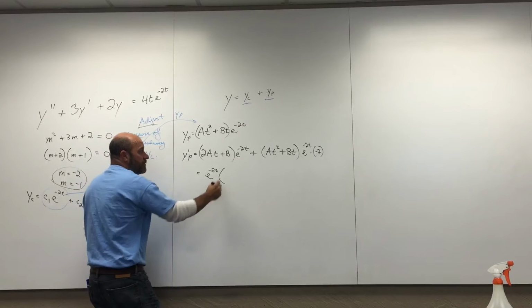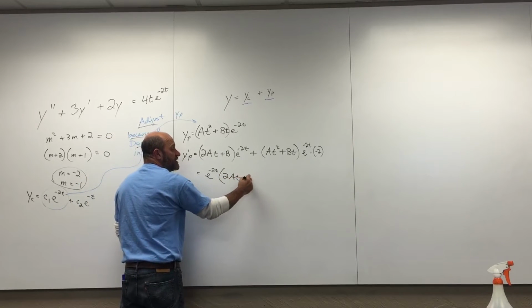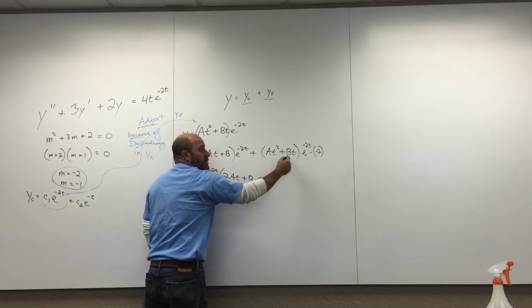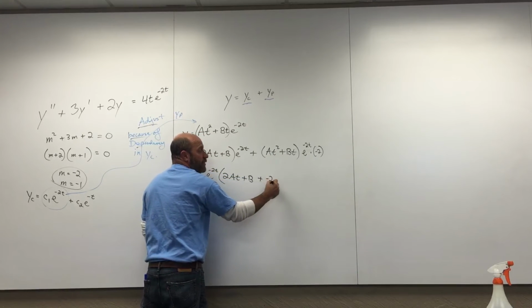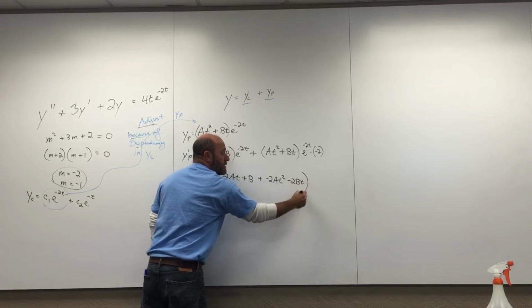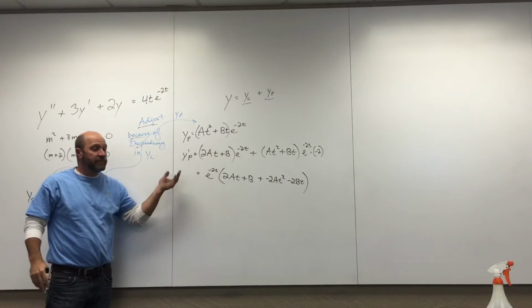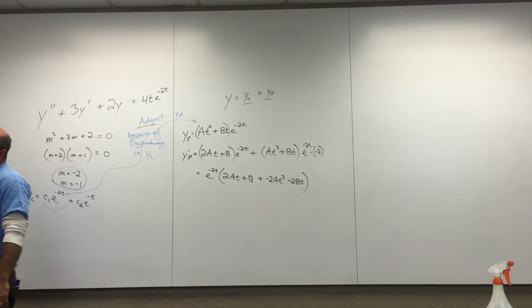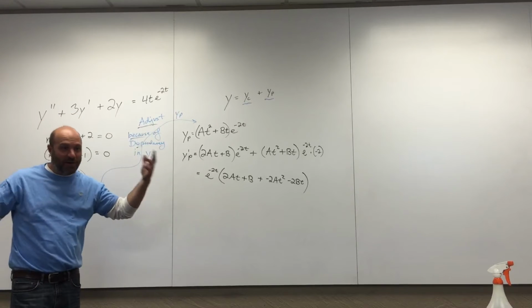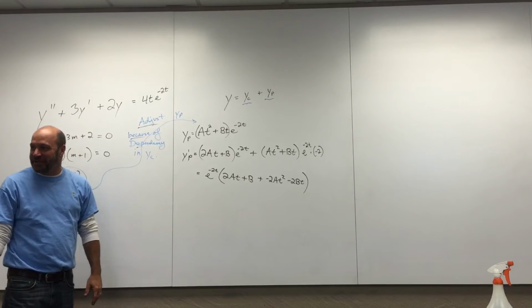You'd be left with 2at plus b plus, if you don't mind, I'm going to take the negative 2 and distribute through here: negative 2at squared, negative 2bt. You see what I did? I factored the e out, and that's what's left. Now, when I do my second derivative, it's just 1 product rule instead of 2 product rules, but it's a hell of a product rule.